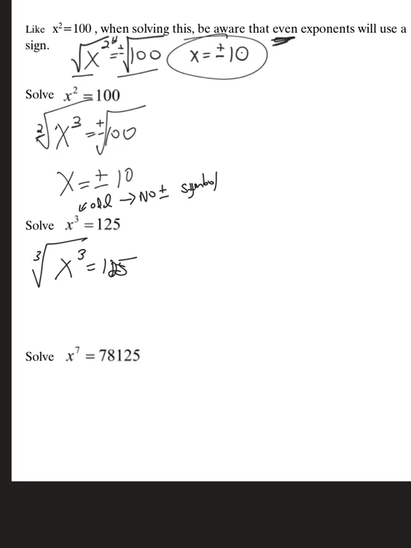I'm going to take the cube root of both sides. Anytime I want to put this in my calculator, one great way to do that is to raise it to the power of 1/3. That's another way of writing that. I believe that the cube root of 125 is 5, because 5 times 5 is 25 times 5 is 125. So, in this case, x must be 5.